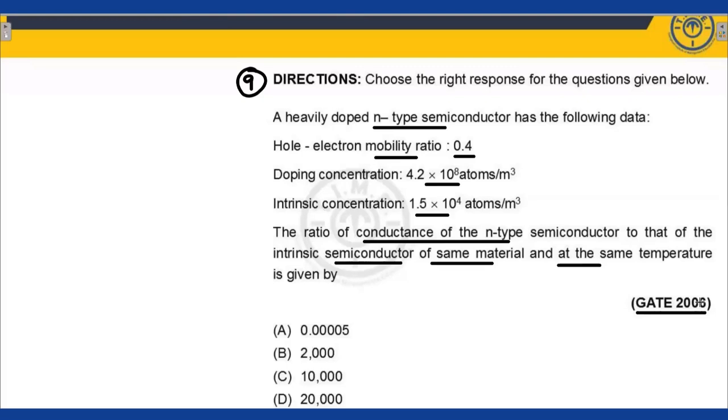Now, how to do this particular problem? You can do the problem for your end, and I am going to tell you from my end.